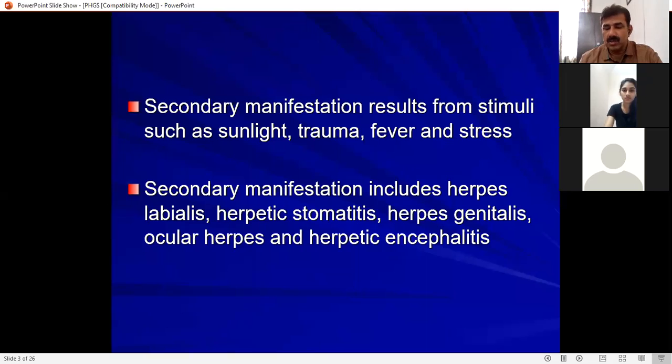So depending upon which ganglia the virus has reached, and whichever area that innervates, the lesion will occur in that area. Okay, but what we as periodontists are looking at, when you look at acute gingival infection, is the primary type of herpes simplex virus, which usually occurs in a young child of 6 years or less.